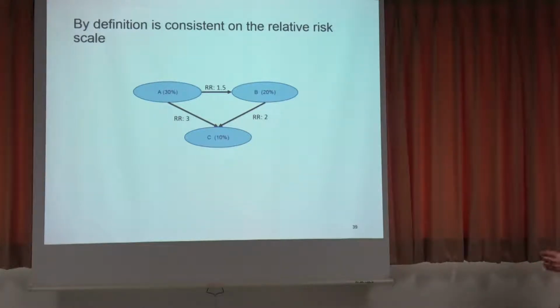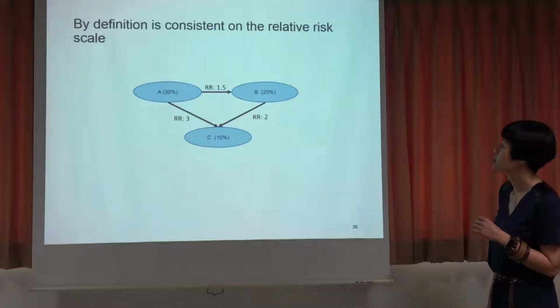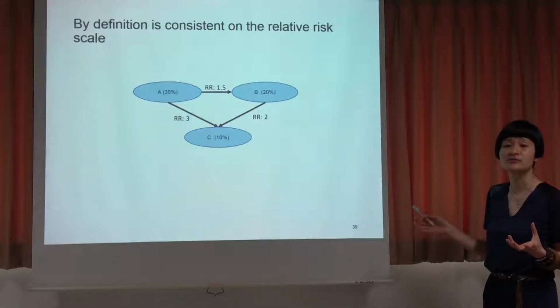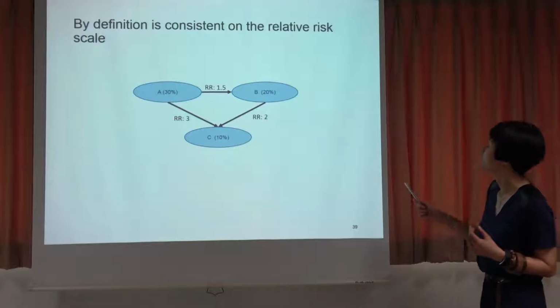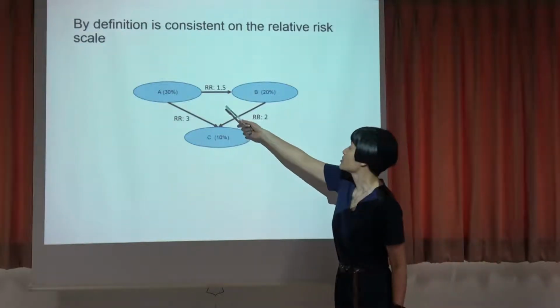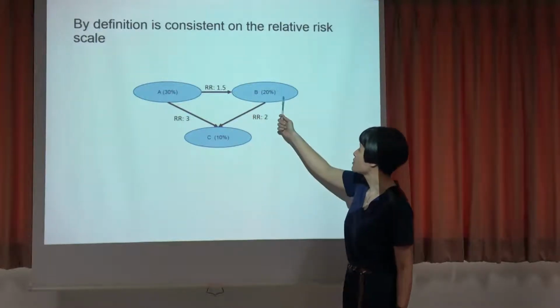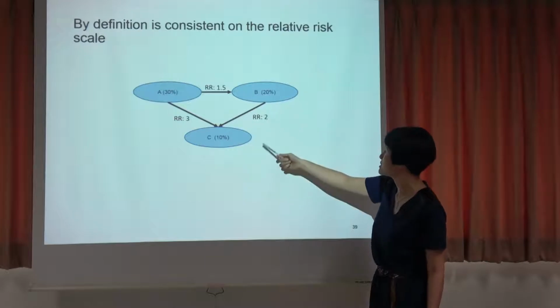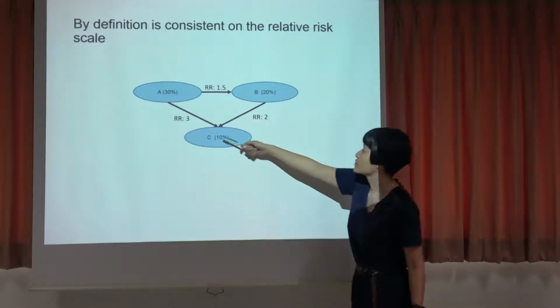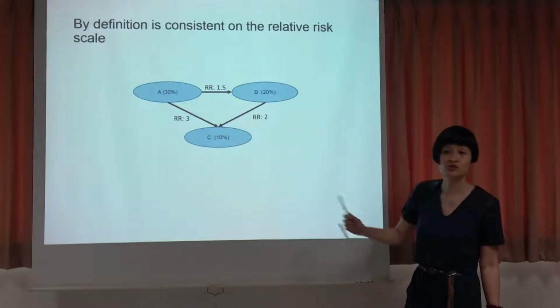By the definition of consistency, you calculate the relative risk of these treatments in your head-to-head trial. The relative risk of A and B gives you 1.5, of B and C gives you 2, and of A and C gives you 3. Very straightforward calculation.